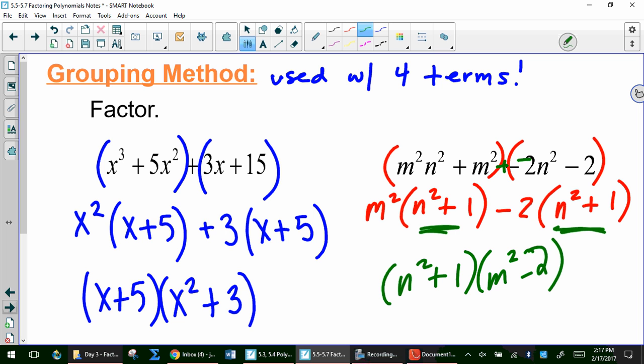Yeah, that's different. It is variable substitution, but it's called the grouping method, because from the start you have the 4 terms, and you're going to get down to the 2 binomials. Okay? So, grouping method. We'll review this again next week, but then we're going to be moving on with some other problem types. Okay? So, homework is a worksheet.